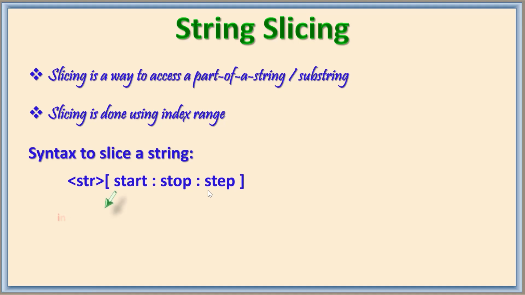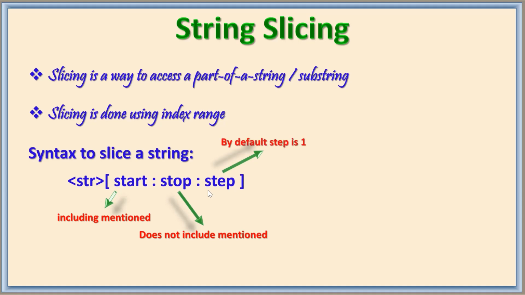Please note the start is included, but the stop is not included. That means the mentioned number is not included; it stops previous to that. And the step by default is 1 when it is not given. Please note that start, stop and step are separated using the colon.